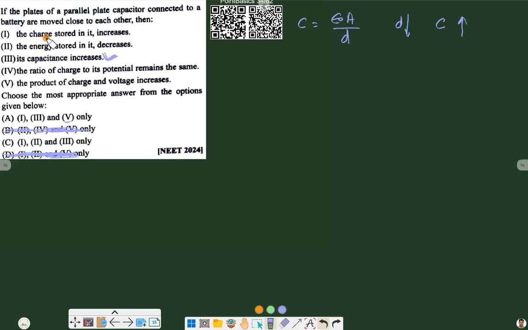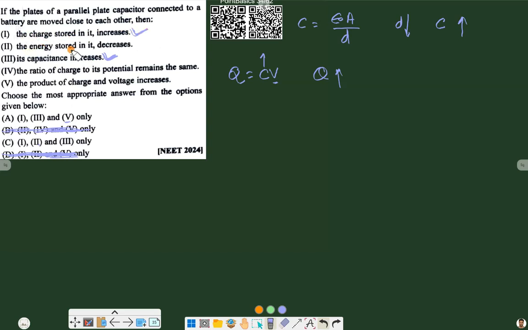Now coming to the charge stored in it. Charge Q is given by CV, and as C is increasing and potential is fixed because it is connected to a battery, and across a battery potential remains constant, so charge will also increase. So charge stored in it increases, so option 1 is also right.